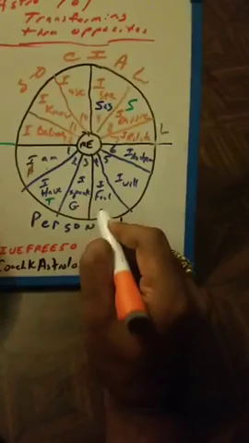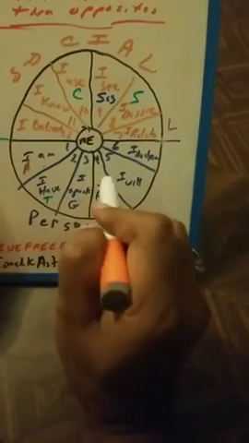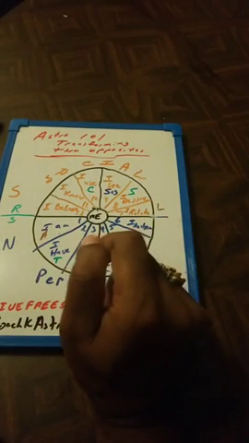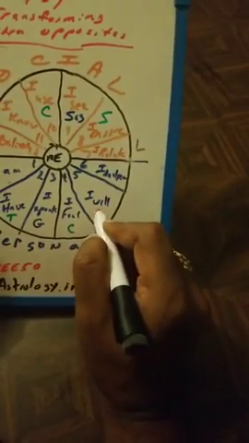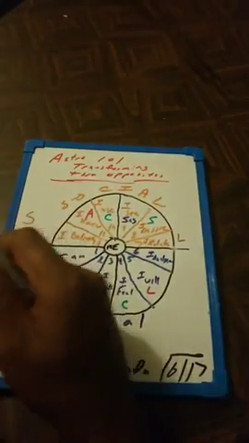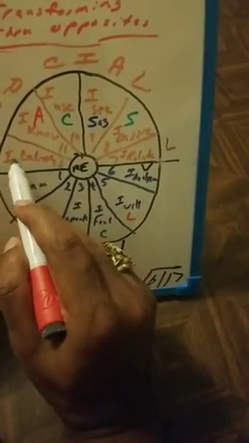Cancer and Capricorn are on the same axis. All right, you got that? It's your opposites. Leo and Aquarius are on opposite axes. I'm going to just stick with the black since I got it right here. And then Virgo and Pisces are on opposite axes.